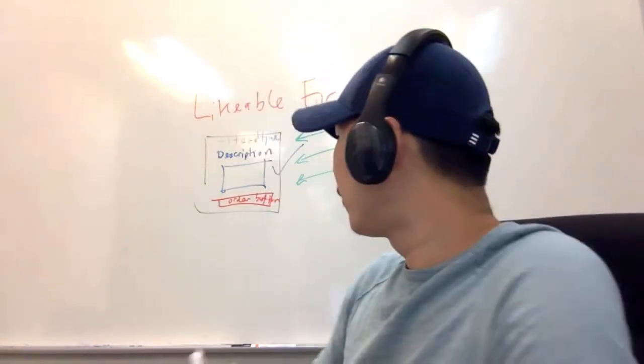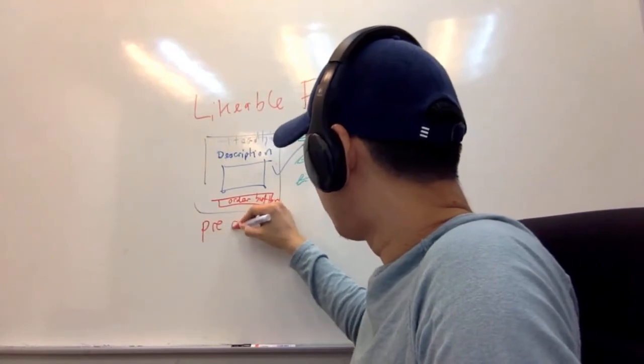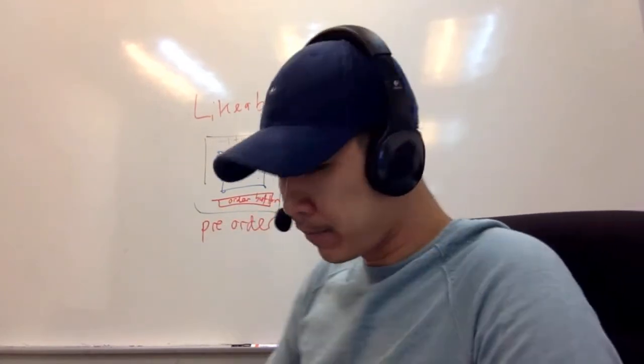But the strategy that I want to share with you is the concept called pre-order. Okay? Because the course is not finished yet and you don't have the time to do everything, what you should do is accept pre-order sales. Now, when you do pre-order sales, you have a reason why to offer a special price.